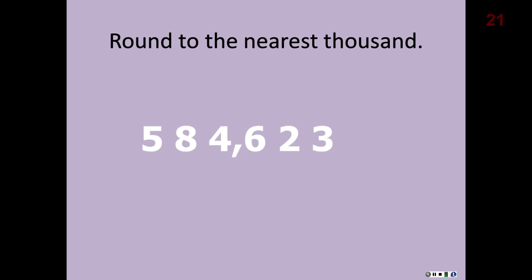And the circled one is the next line. Find the number. Look right next door. What's next? Is this a 4? So I'll go to the next line. 5 or more, add one more to what? The 4. I add one more to the 4.